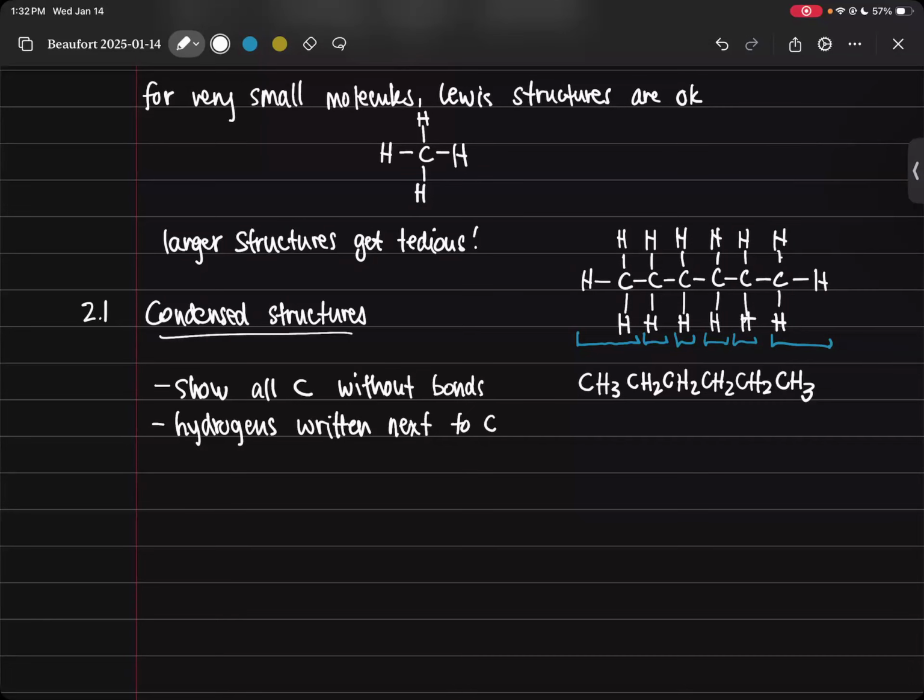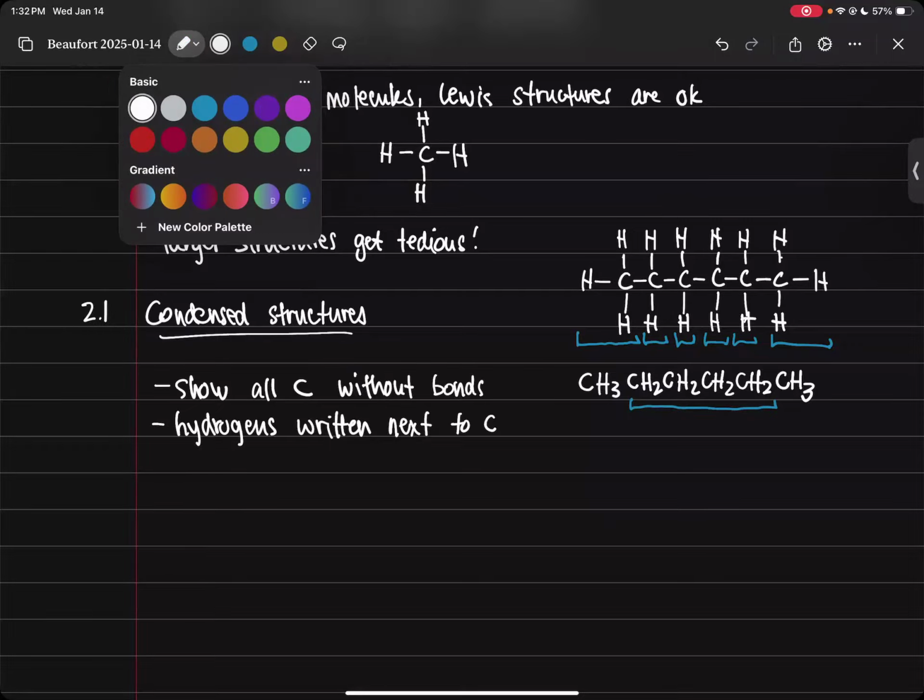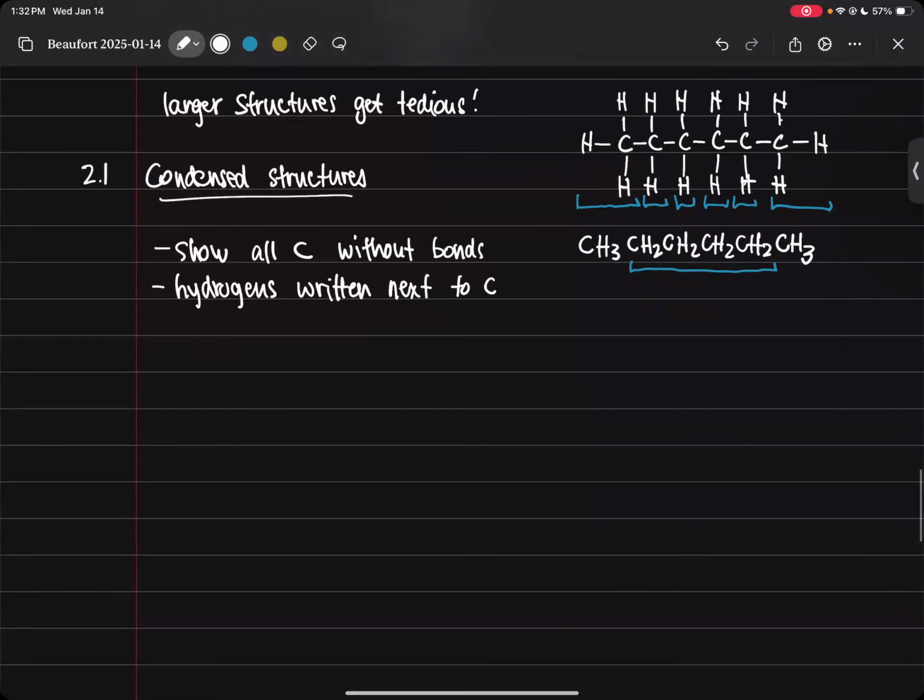Okay, that's quite a bit better already. We can keep going though. We've got 4 of those CH2 groups in a row. And so we can use parentheses to show repeating units, just like a polyatomic ion gets parentheses put around it in a chemical formula.